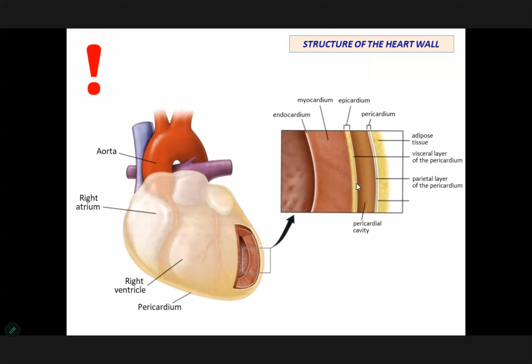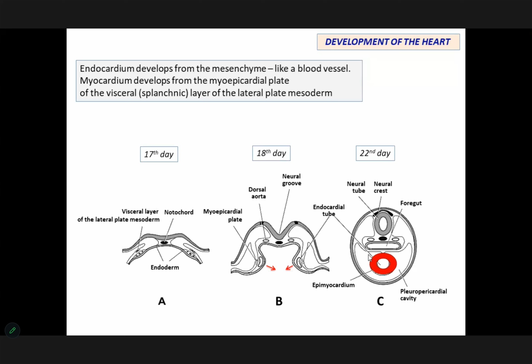Visceral layer of pericardium from visceral layer of splanchnopleure. This is the epicardium. And the cavity, which was previously coelom, here coelom, its outer wall, which was produced by the parietal layer of splanchnopleure as a result of the fusion, will make the parietal layer of the pericardium.